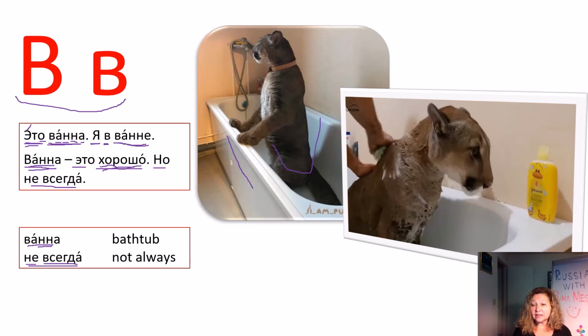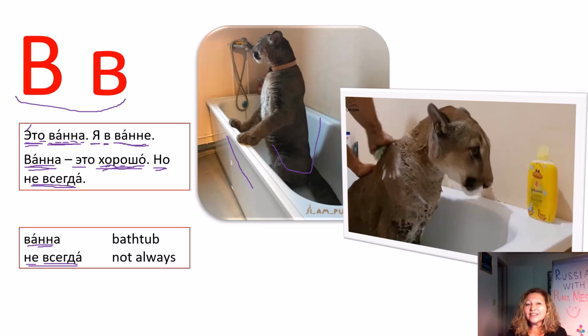And if you go west, they would say o, they would pronounce хорошо with o. But the norm of the Russian language would be хорошо. We reduce this O to A, this O to A, and only the one that is stressed is going to remain O. Это хорошо, но не всегда.